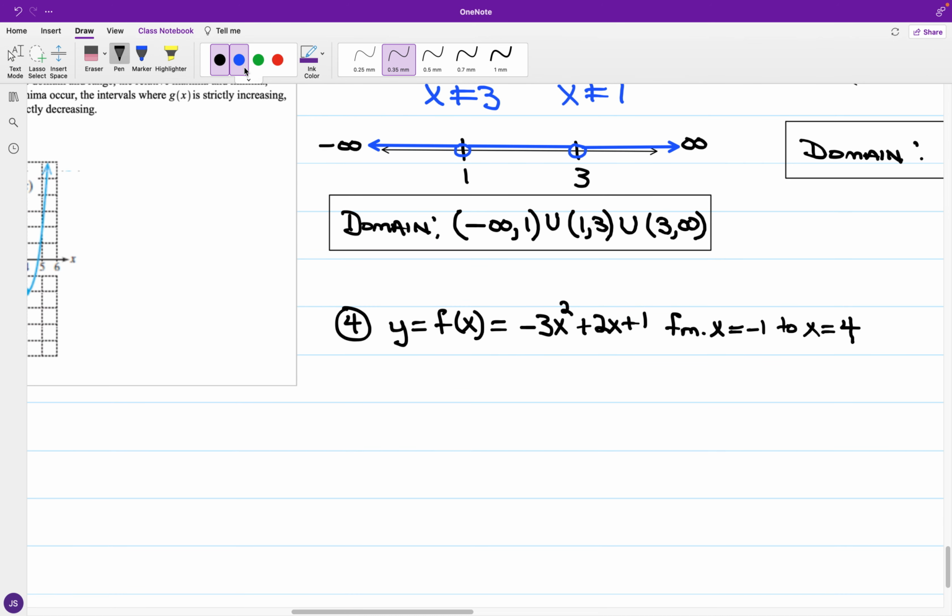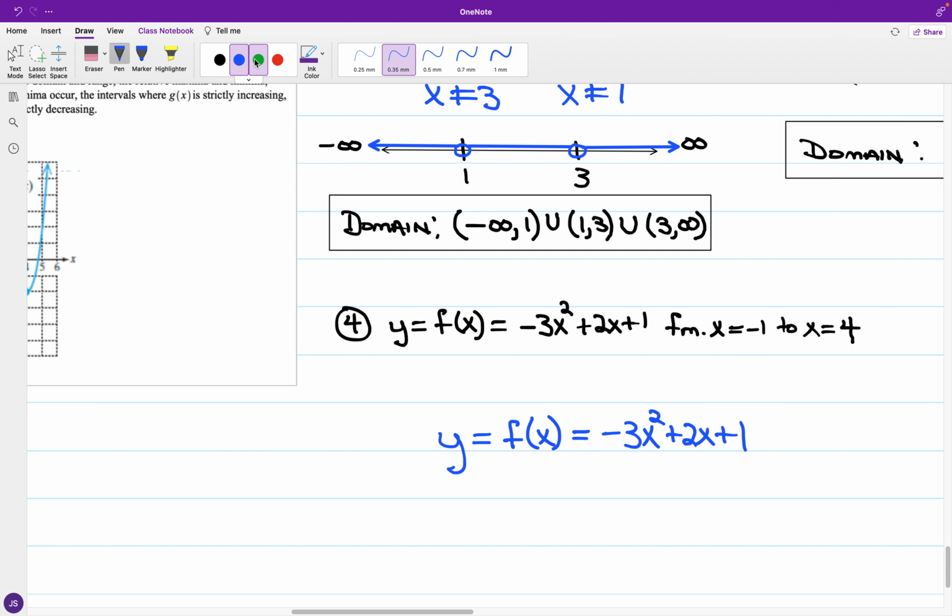Just setting things up here. We have y is equal to f of x, again negative 3x squared plus 2x plus 1.